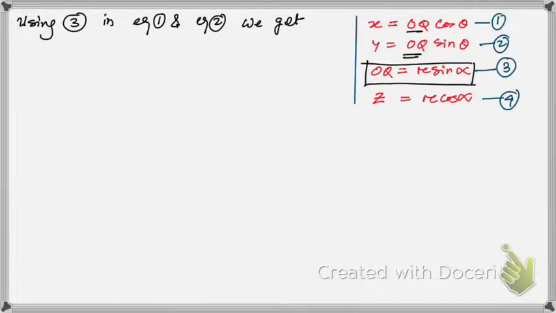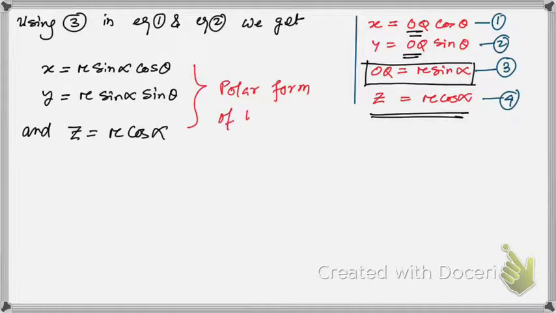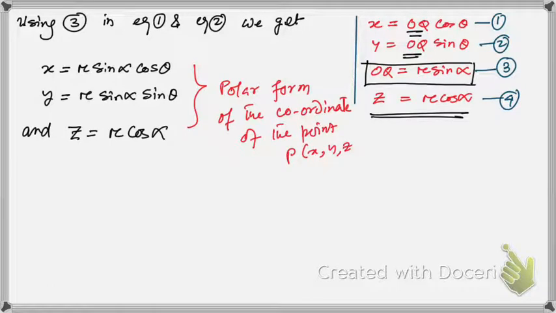Then you will get x equal to r sin alpha cos theta, y equal to r sin alpha sin theta, and z remains the same. So these are the polar coordinates of the point P, whose Cartesian coordinates are x, y, z. These are the polar coordinates that we wanted to obtain.